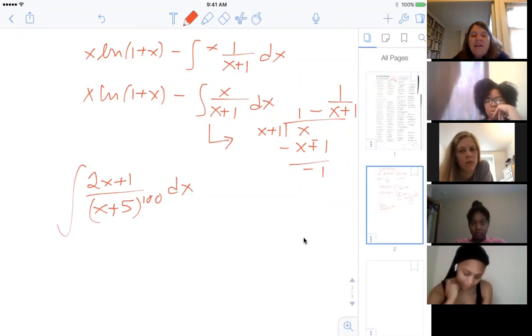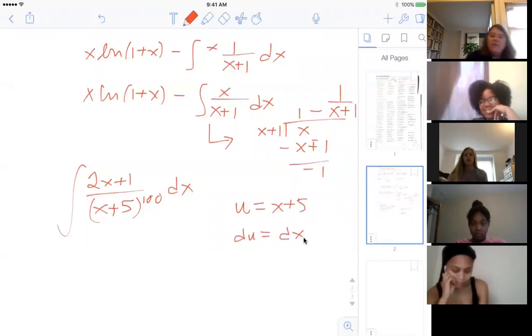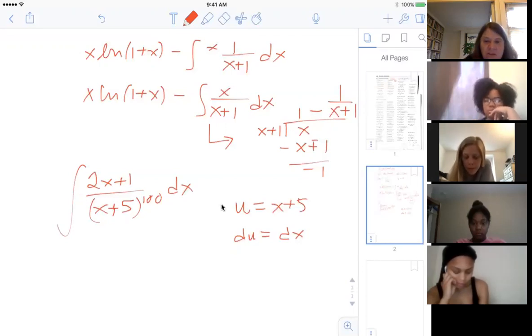One reason you might let u be x is because du is dx. You can get more for your money here if you let u equal x plus 5, because then du is still what? Still dx. Now you look at it and you say, oh, well, then that's u to the 100th, and dx is du.